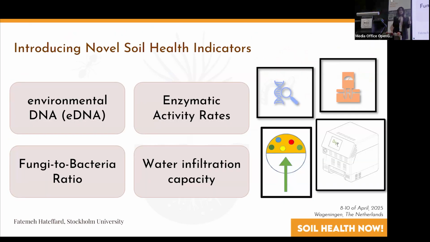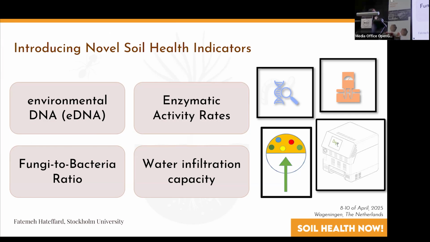But we need to define soil health indicators that can be used by all farmers and advisors, and they should be easy to use. Most of these methods are really easy to use, except eDNA, which is a bit more complicated because we need to send the samples to special laboratories.